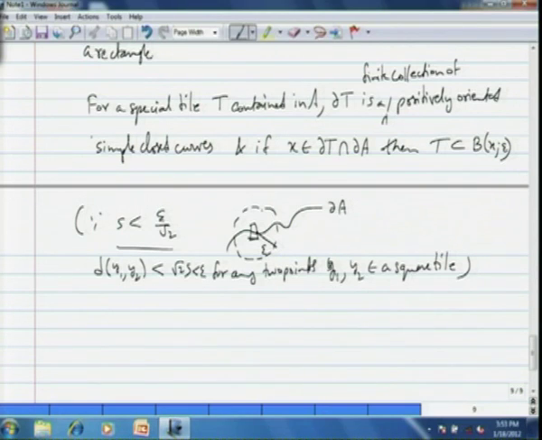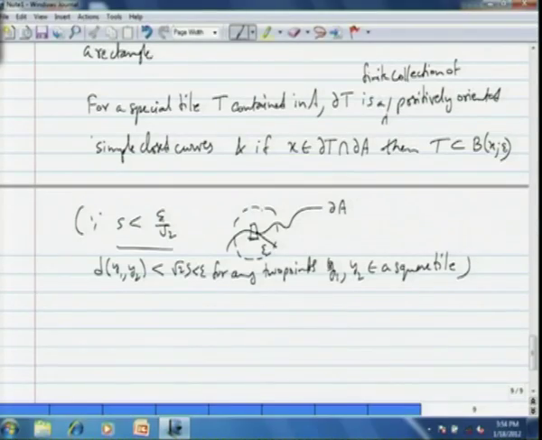So, if you consider an epsilon ball around a point which is contained in the square tile, of course, your whole square is contained in that epsilon ball. That schematic should convince you. So, your T is contained in this B(x, epsilon).